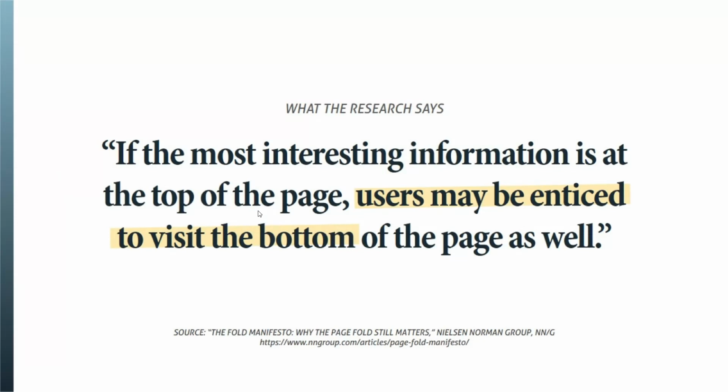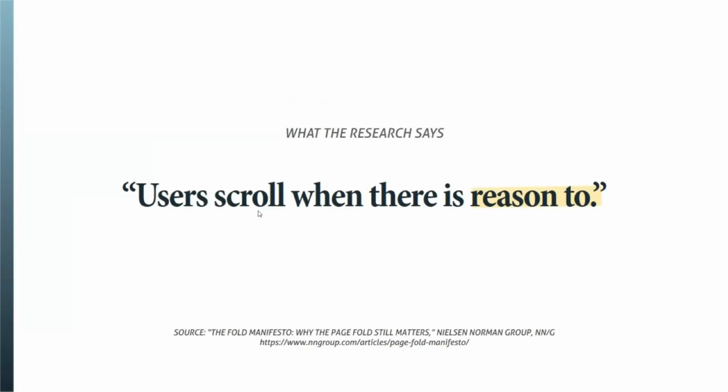So it's again using that inverted pyramid style where the student gets the information that they're probably looking for at the top, but it gives them a reason to keep scrolling down to find that other content. That's where you're going to make a difference in the way that students engage in your site, by spreading things out, by giving them reason to go down the page, right? Because users will scroll when there's reason to.